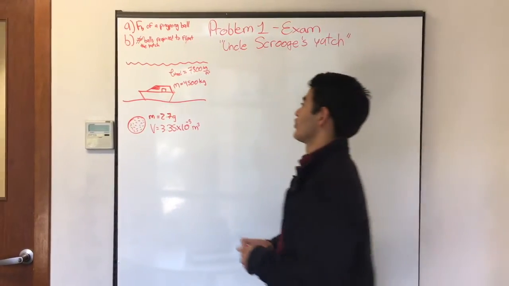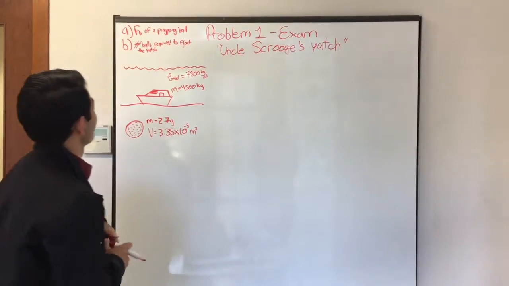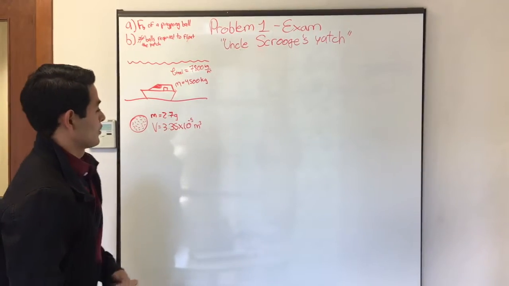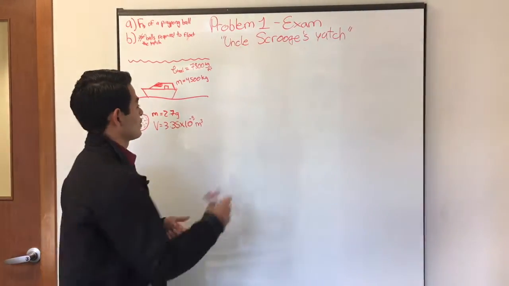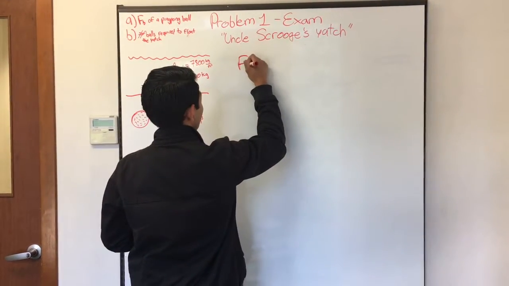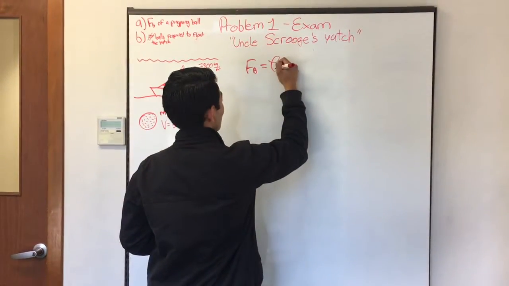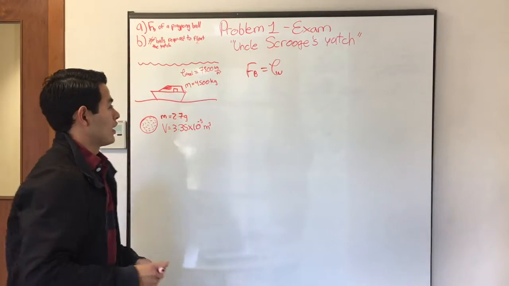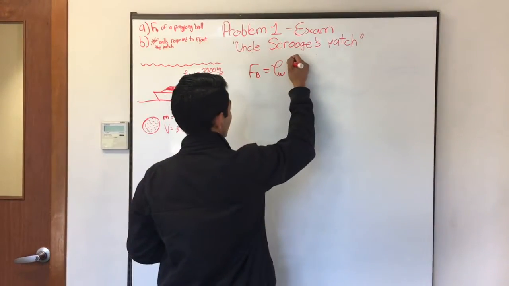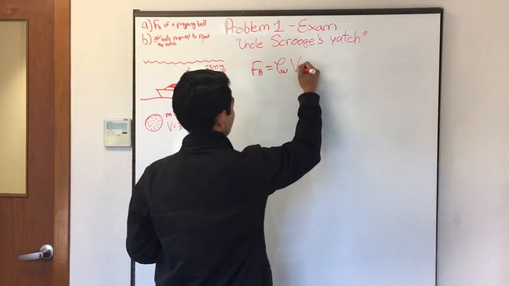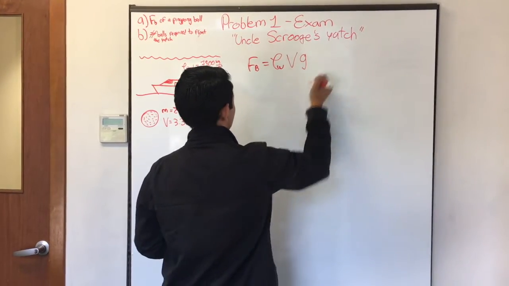So, for the first part, we need to remember that buoyant force is equal to the density of the liquid times the displaced volume times gravity.